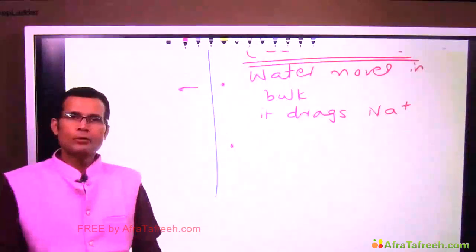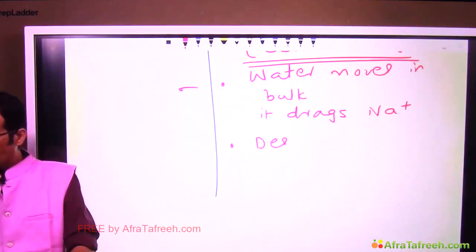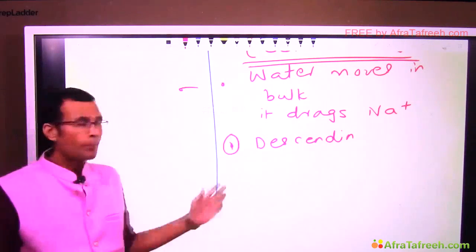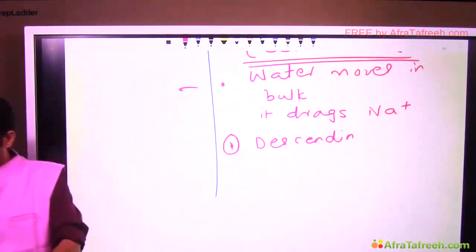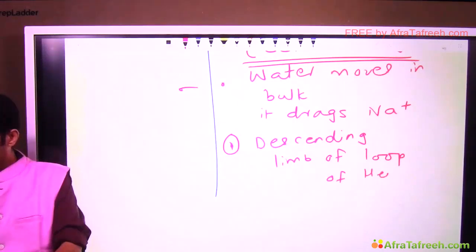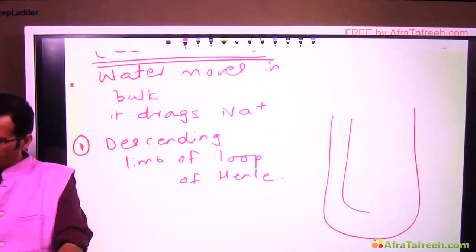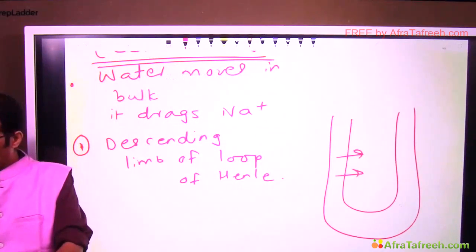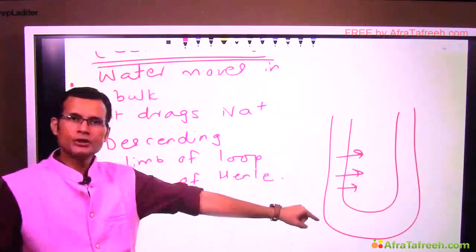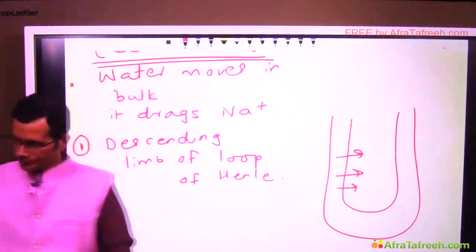Where does this happen in the body? Let's see some of the examples of bulk flow or solvent drag. In the descending limb of loop of Henle, it so happens that water moves out of the tubule into the interstitium and it drags some sodium along with it.